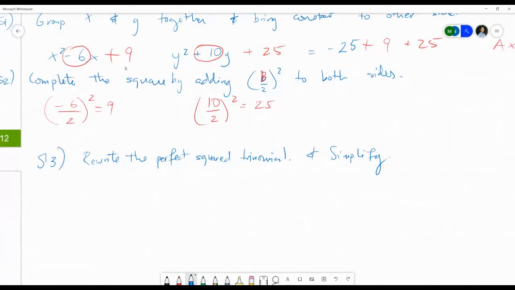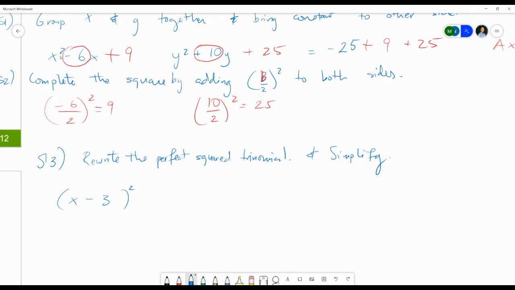So what we did here is completing the square. Now, what that does is that we created a third term that allows us to rewrite this trinomial as a perfect square. What I mean is, now I can rewrite x squared minus 6x plus 9 as x minus 3 squared. Now, how did I get there?